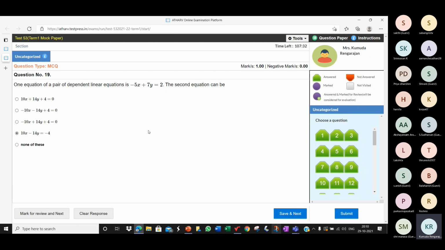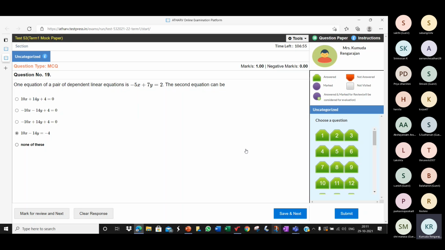When you take the given equation and the equation in option D, you see that A1 by A2 is equal to B1 by B2 is equal to C1 by C2. And hence, they represent a pair of dependent equations. Okay, that's right.